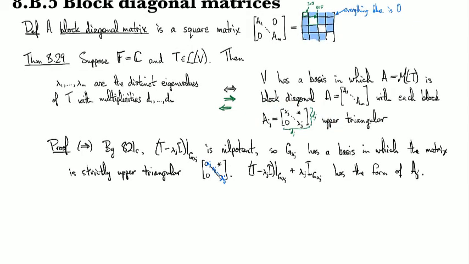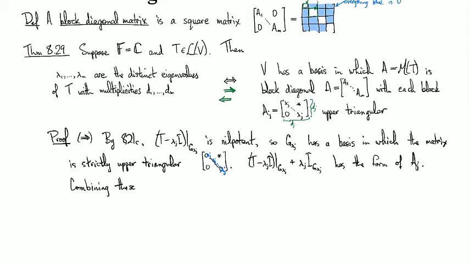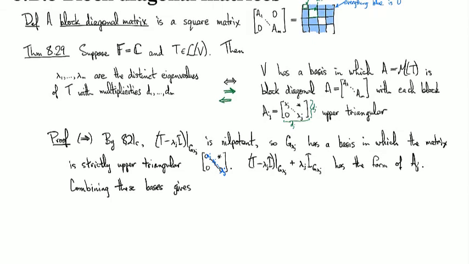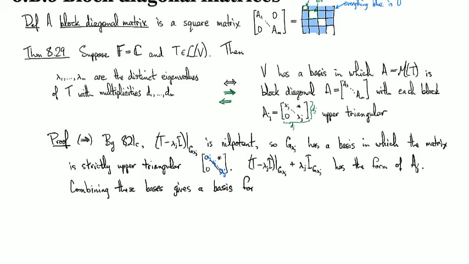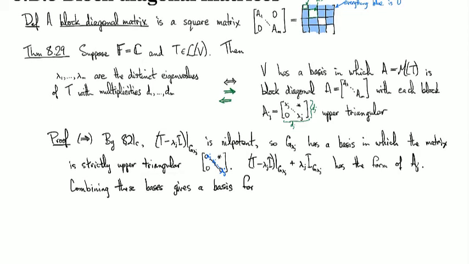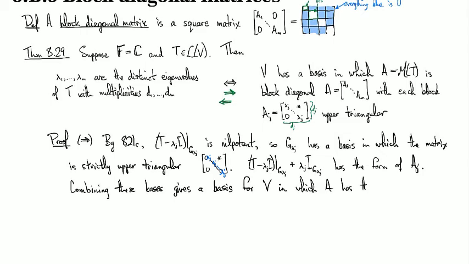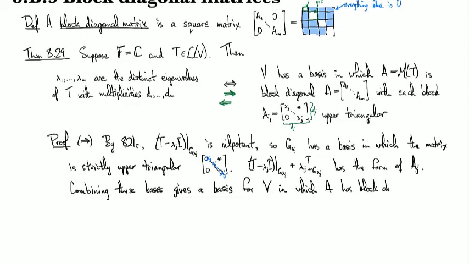Okay, and then combining these bases gives a basis for V in which A has a block diagonal form.